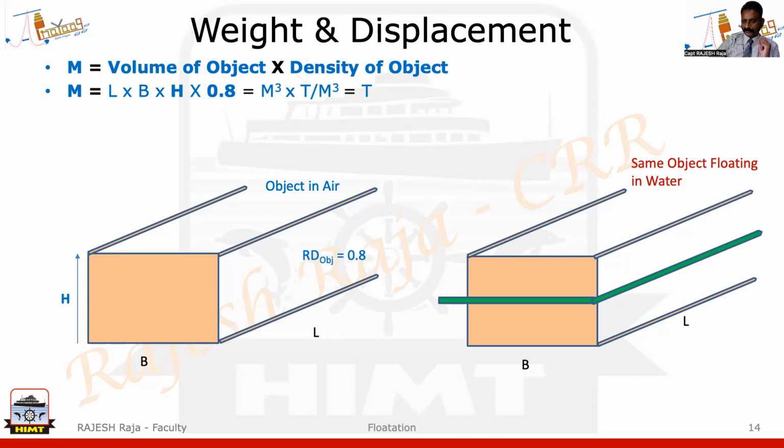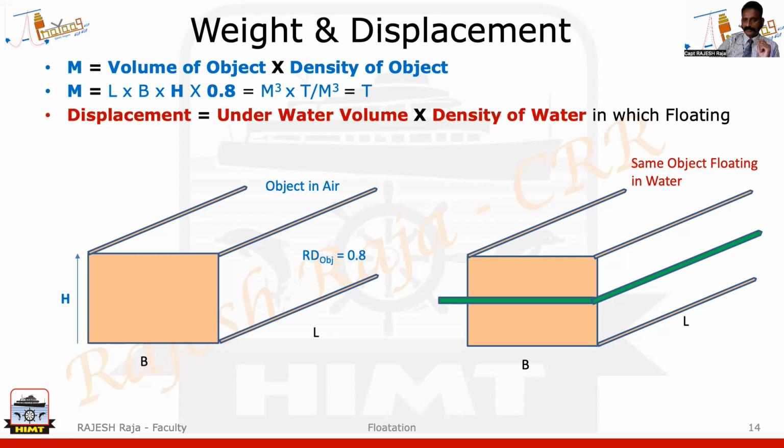Now the same piece of log, let me say I'm just throwing it in water. It is going to float. And you can see I've shown you the water line with green color. Let us see how I'm going to use the second formula now. And both this m and displacement have to be exactly the same. So displacement can be calculated using underwater volume. Please look at the log, length and breadth do not change, but this is the underwater volume part of it.